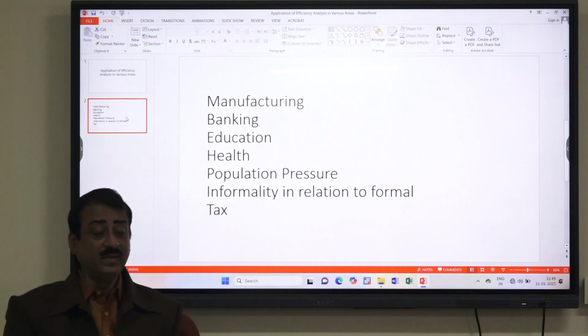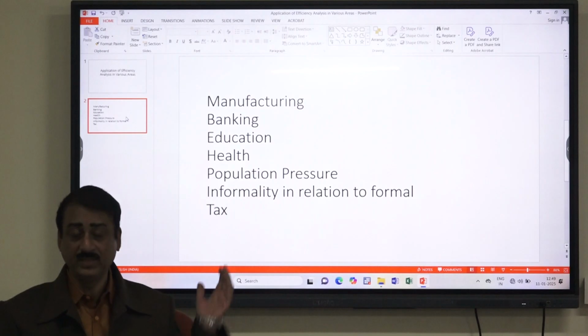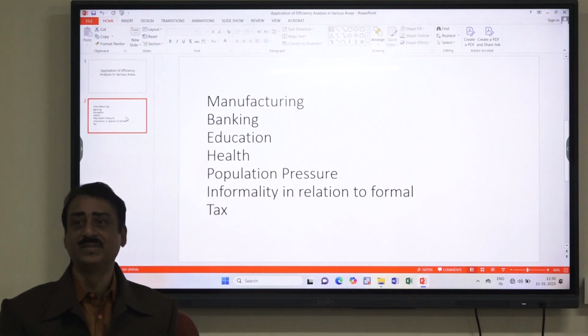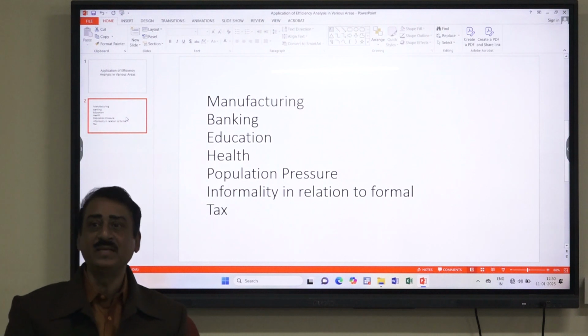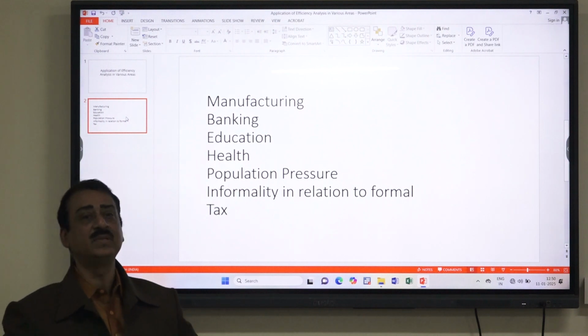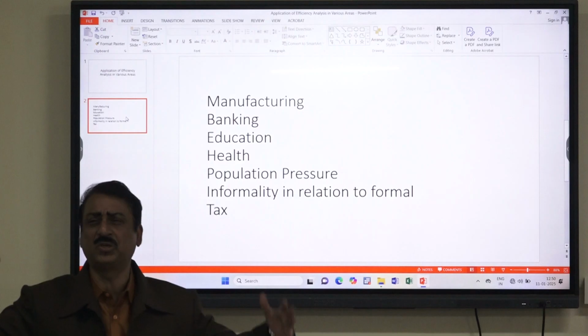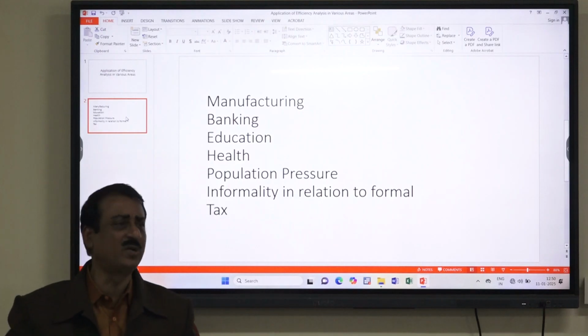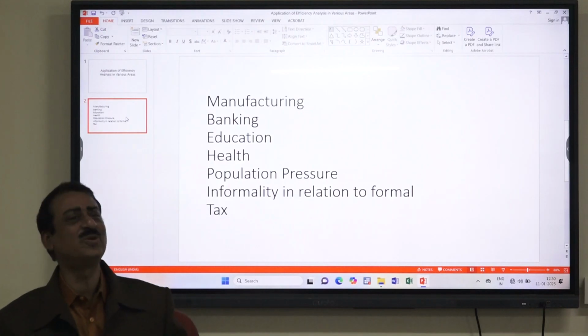Okay. Then I had also used this in my joint work with my supervisor Edwin Mills on the population pressure index. Usually the demographers say that large cities have too much population and are therefore overcrowded. We said no, that's not true.